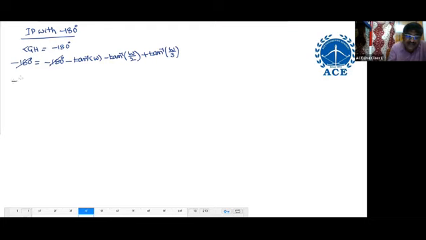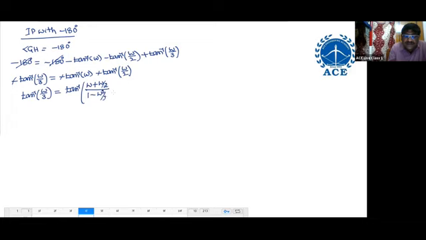Then this comes to the left side: minus tan inverse of omega by 3 is equal to minus tan inverse omega minus tan inverse of omega by 2. Now solve it, all minus becomes plus. So tan inverse of omega by 3 equals tan inverse of (omega plus omega by 2) divided by (1 minus omega square by 2).